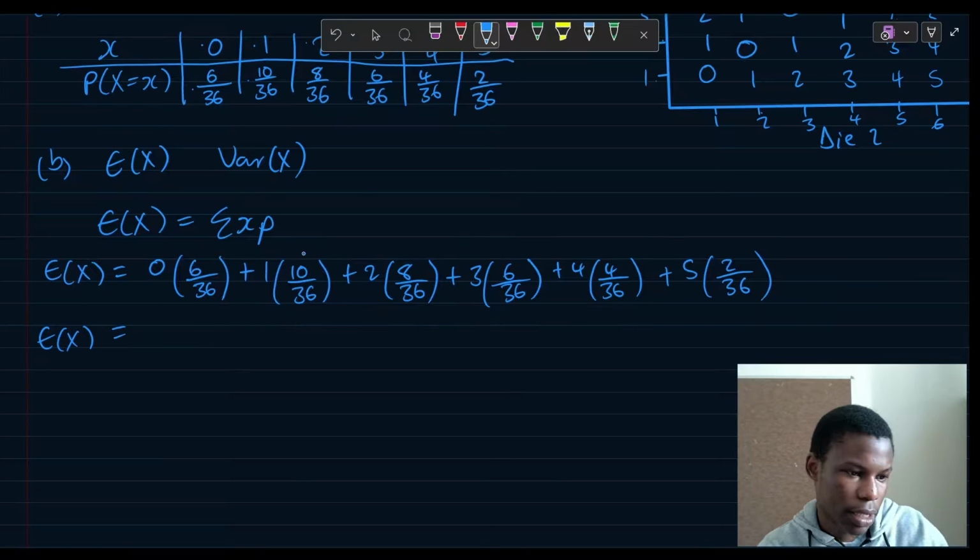And if we punch this into our trusty calculator, we get 35 over 18.